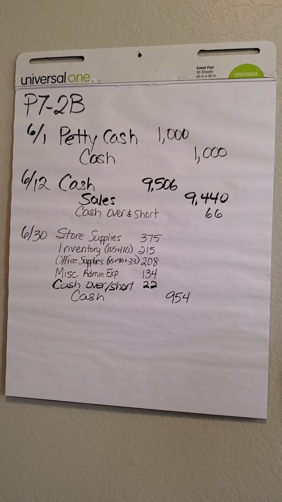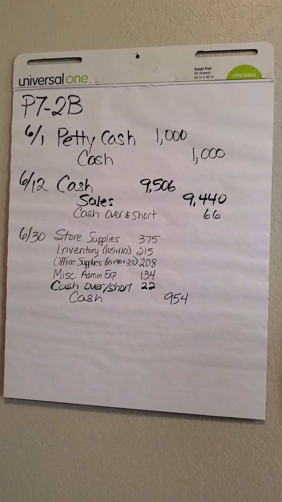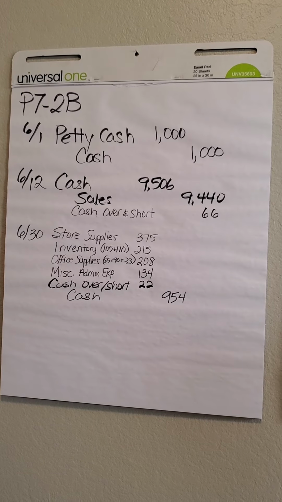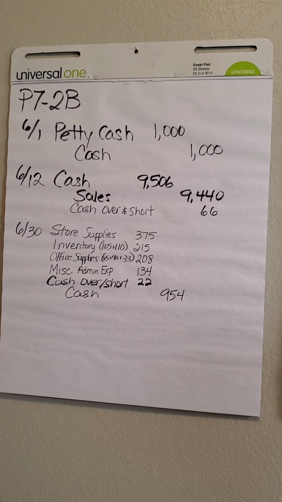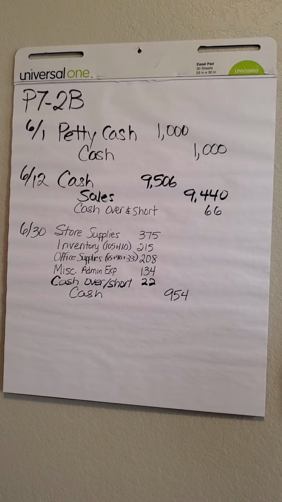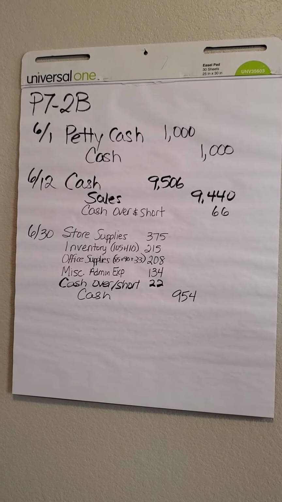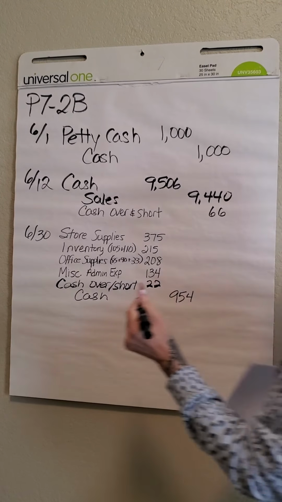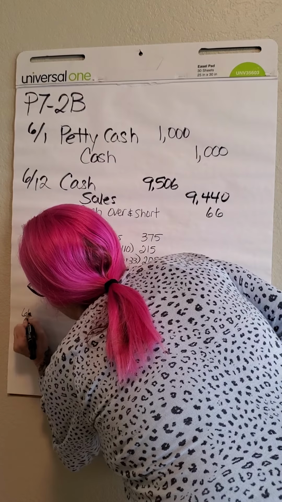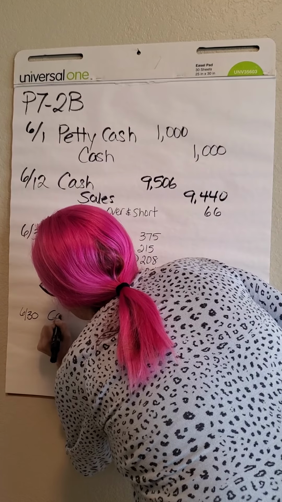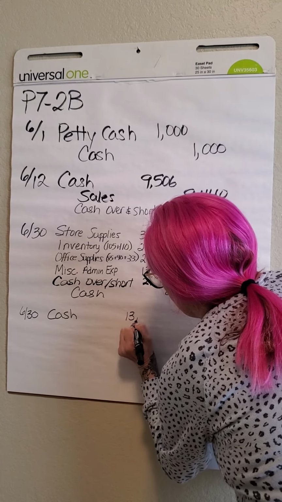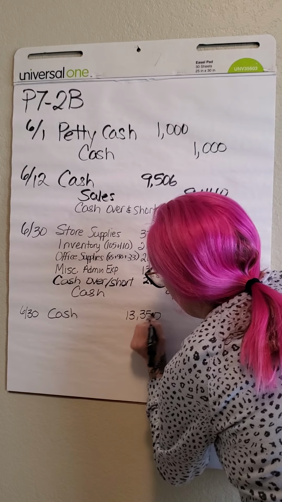Then on June 30th, we also have the cash sales for the day, which totaled $13,390. The actual cash received from cash sales was $13,350, so we were $40 short there. On 6/30, we're going to debit cash for the actual amount that we received, $13,350.